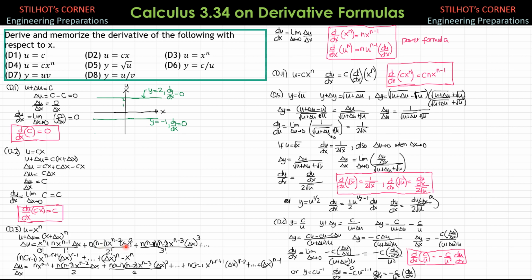Then delta x squared over 2 factorial. Then the fourth term would be n, n minus 1, n minus 2, x to the n minus 3, then delta x cubed over 3 factorial. So we will generalize. The formula therefore is n combination of r minus 1, which is n factorial over r minus 1 factorial.